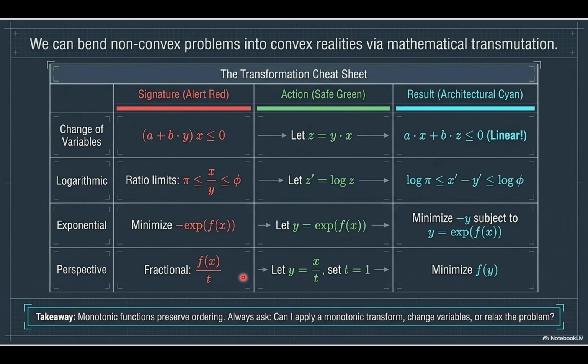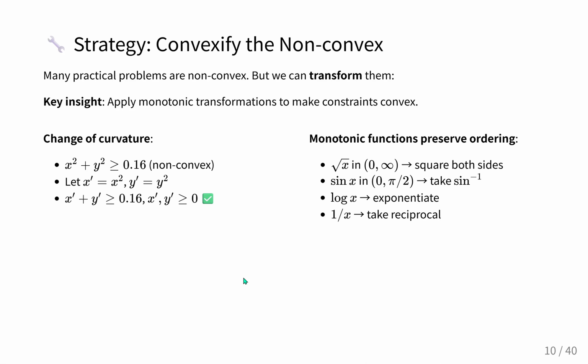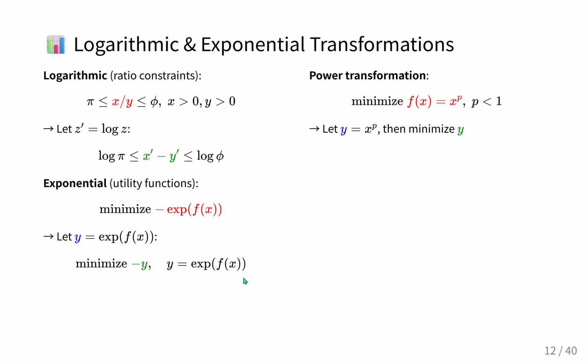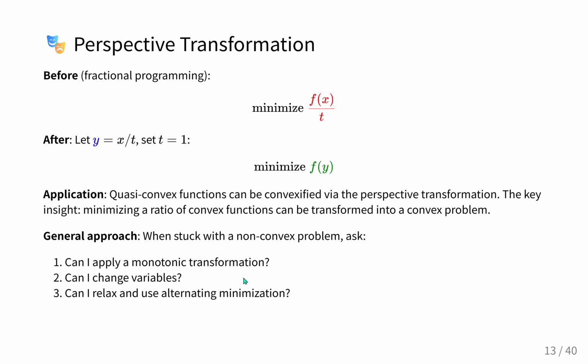Well, let's look at a perspective transformation, which is used heavily in fractional programming. Say you're trying to minimize a ratio, like manufacturing cost divided by component durability. Ratios are notoriously non-convex, right? Exactly. If you graph a complex ratio, it creates a messy, undulating 2D curve with multiple valleys.